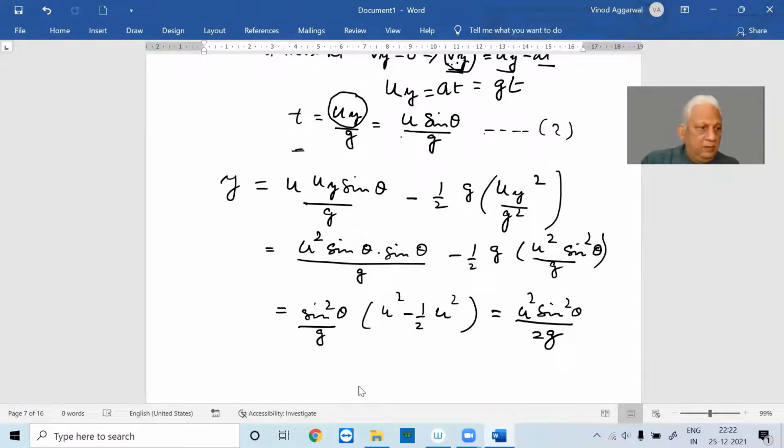So the maximum height attained is equal to u square sin square theta by 2g.